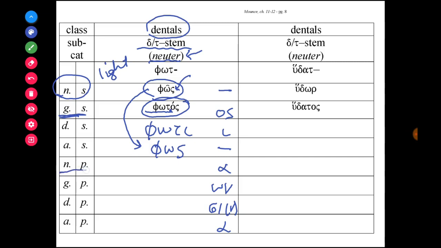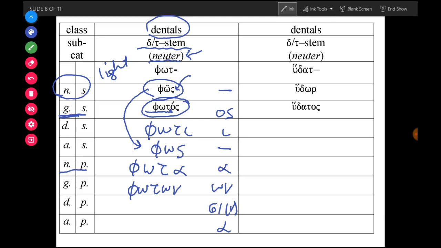For the nominative plural forms, we have phota. For the genitive forms, we have photon. And for the dative forms, remembering that dentals drop before sigma, we have phosin or phosi. And then the accusative plural forms would be phota.